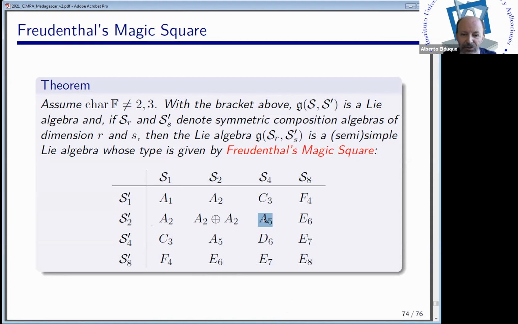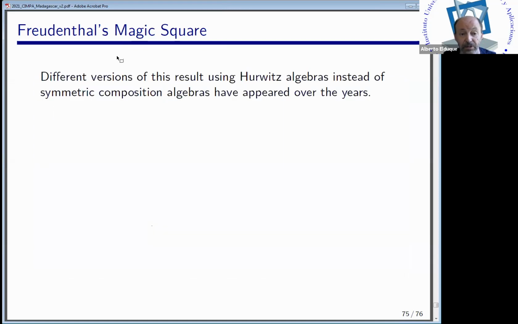But we get, instead of the special linear Lie algebra, the projective general linear Lie algebra, which is not simple. Okay, so one has to be a bit careful in characteristic 3 with the second row and second column. But apart from that, characteristic 3 works in the same way. And this is a beautiful unified construction of the exceptional simple algebras.